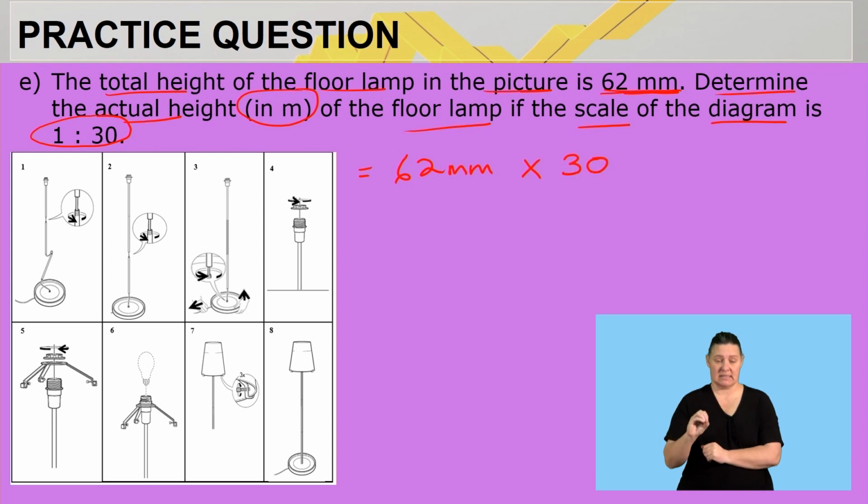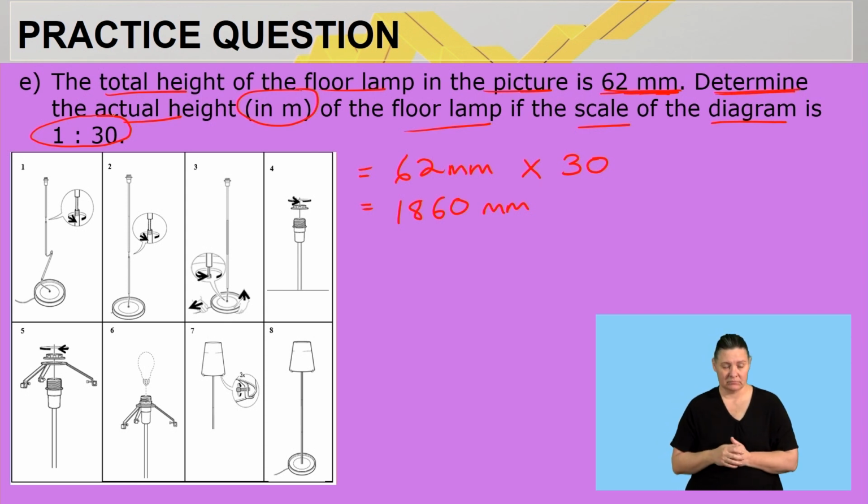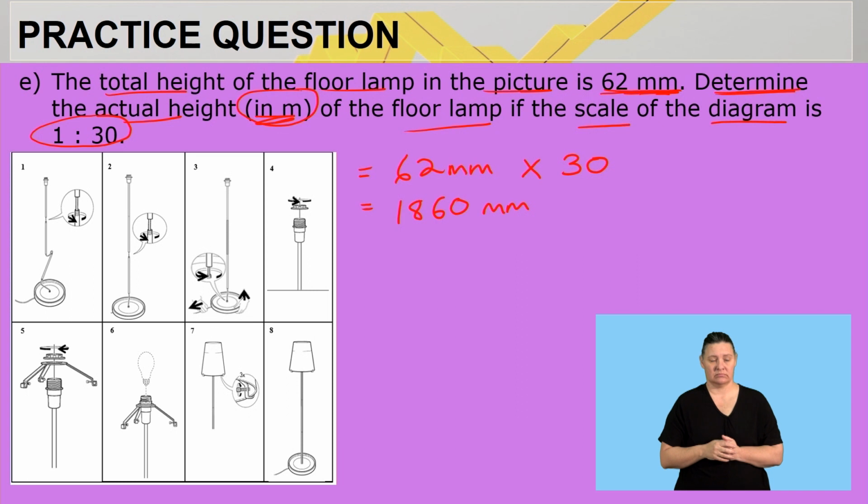Let's use our calculator. 62 multiplied by 30 gives us an answer of 1,860 millimeters. Remember, it's still in millimeters because our measurement was given in millimeters. But the question says, determine the actual height in meters. So I must convert from millimeters to meters. Quick question, how many millimeters in 1 meter? That's 1,000.